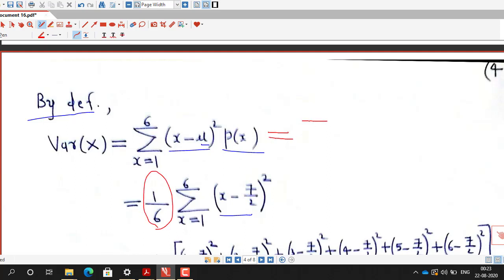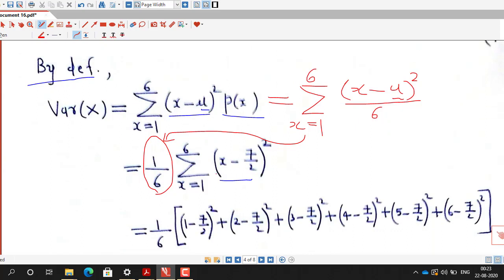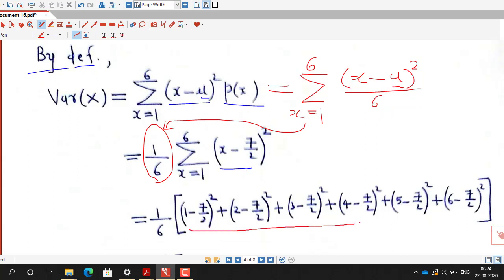Otherwise this is nothing but sigma x minus mu square divided by 6, where x runs from 1 to 6. Here the variable of summation is x, so in the next step we can take 1 by 6 outside, and we put mu equal to 7 by 2. Now we put x equal to 1, 2, 3, 4, 5, 6 and take the summation.